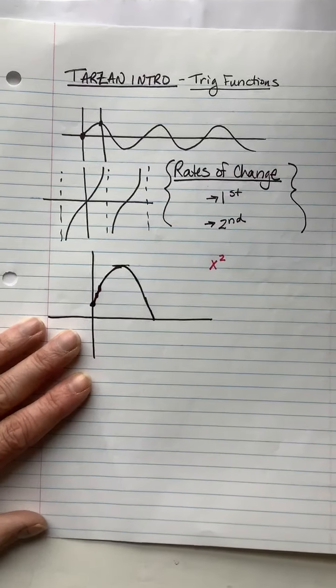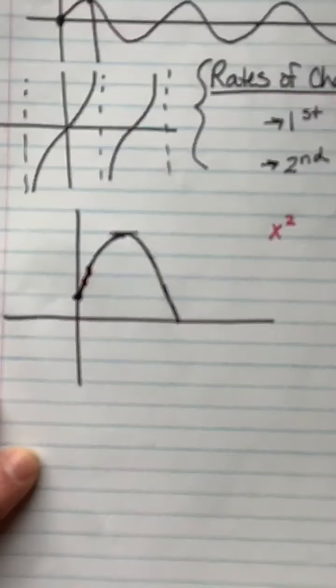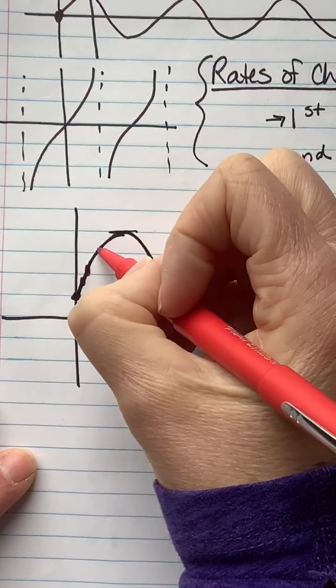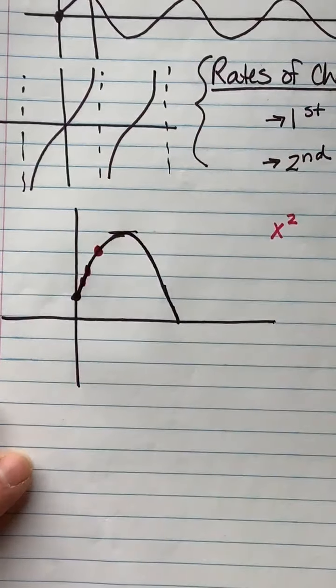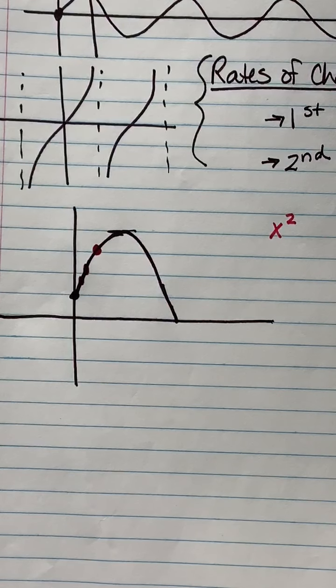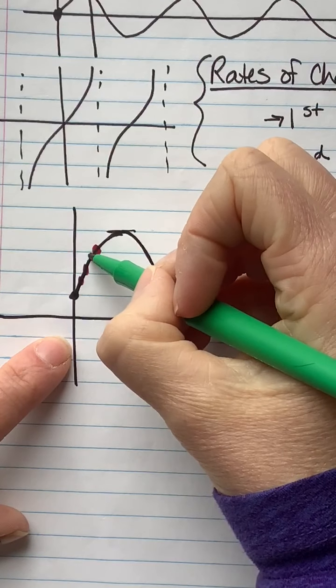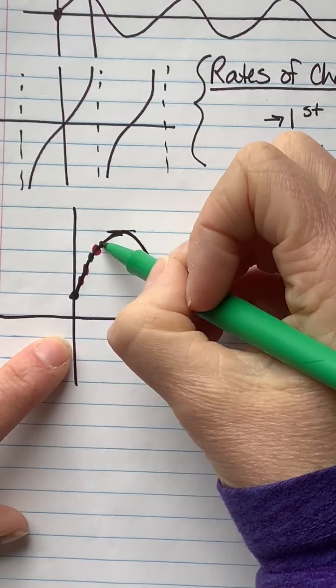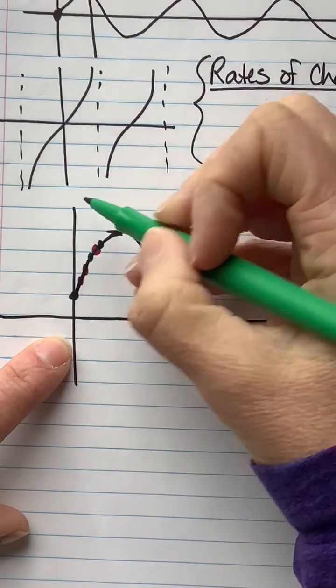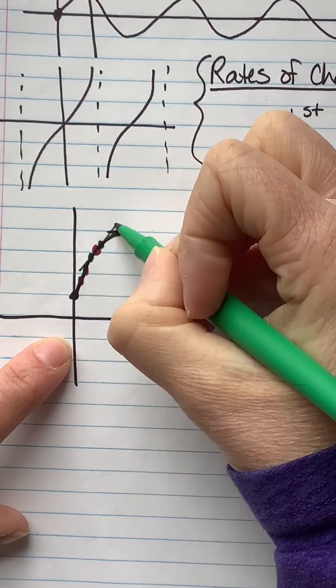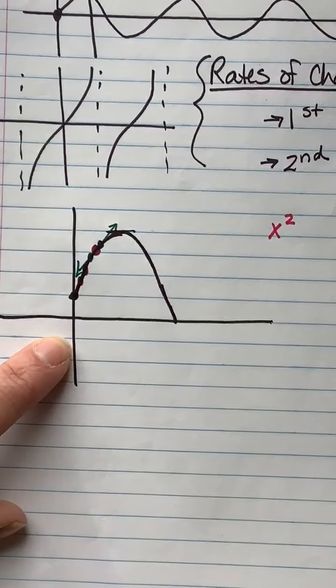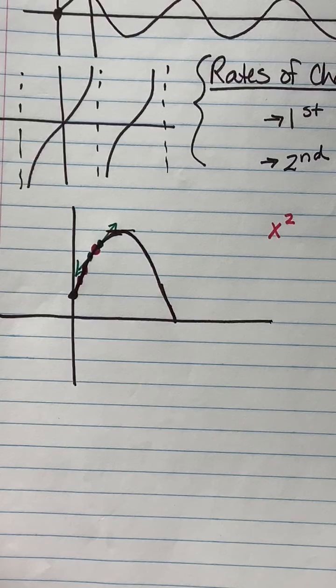And if you do remember, I'm going to zoom in real close here. We can't determine how fast something changes at one point in time because there is no change. So the way that we go about that is we take a point just before and we take a point just after. And we are actually going to estimate that rate of change by finding the slope of that tangent line.